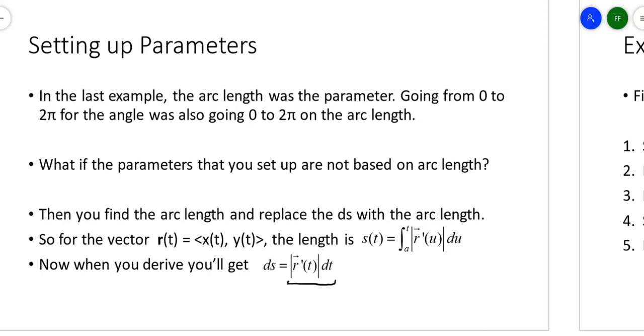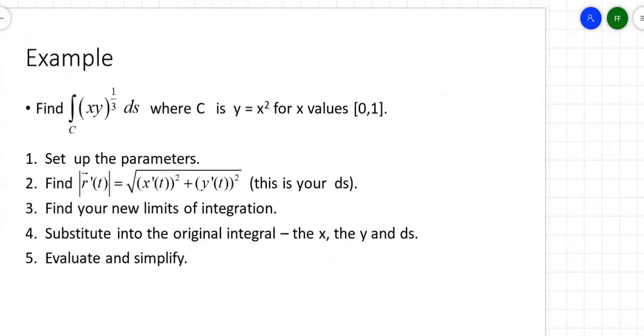So we didn't have to do that before because our magnitude of r prime of t was just 1, right? The magnitude of the radius of that unit circle was 1. Now we're going to have to look at the functions a little bit more critically to see if, in fact, arc length is a parameter or not. And if it's not, which most of the time it will not be, you're going to have to add that magnitude of r prime as your ds to convert them.